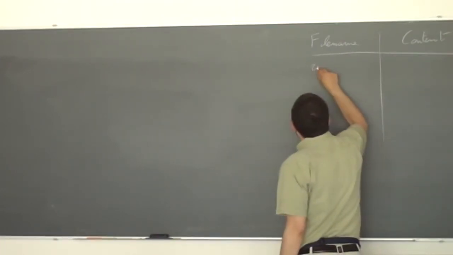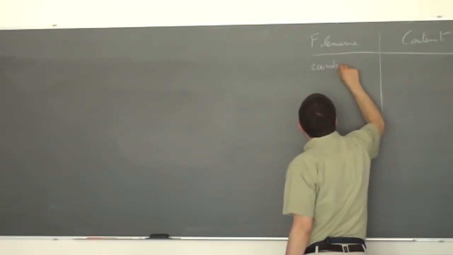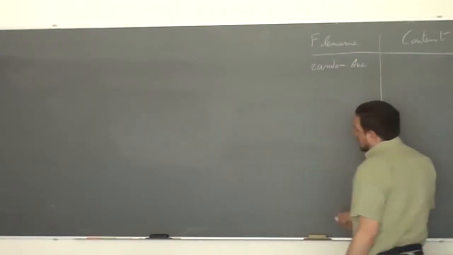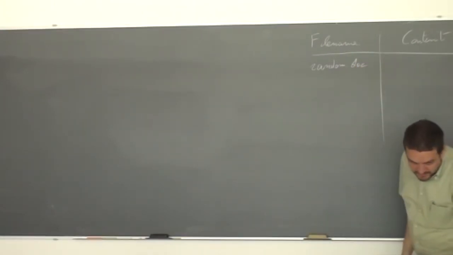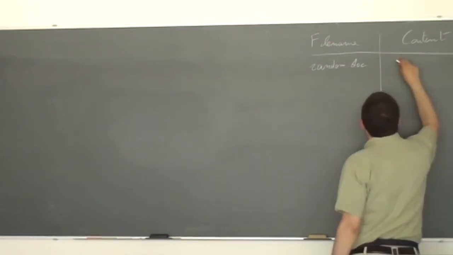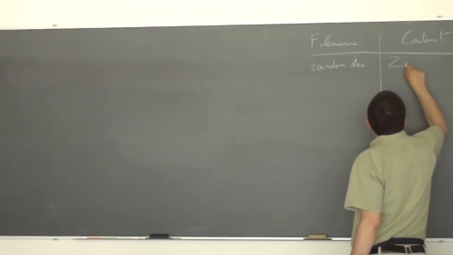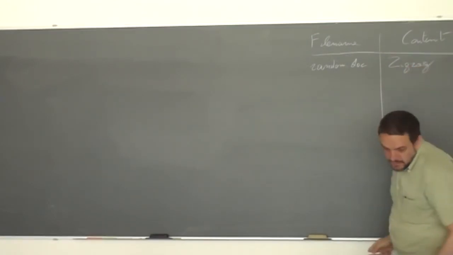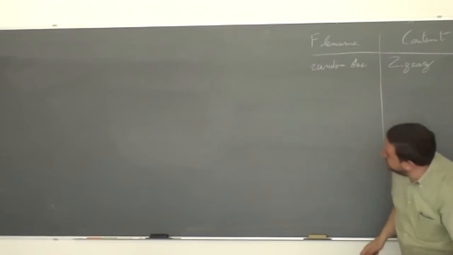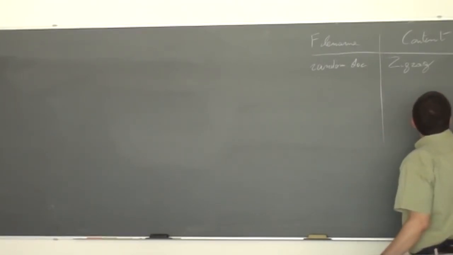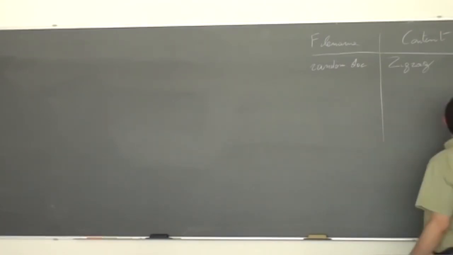So, the first file is called random doc, and its content is, well, I used rather random terms: zigzag, bumblebee, slash, acorn.